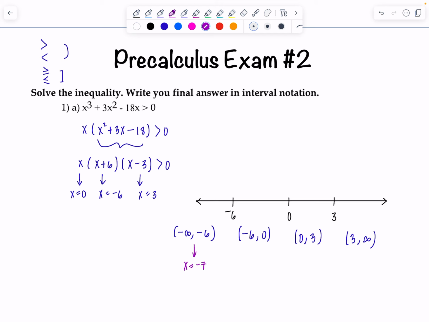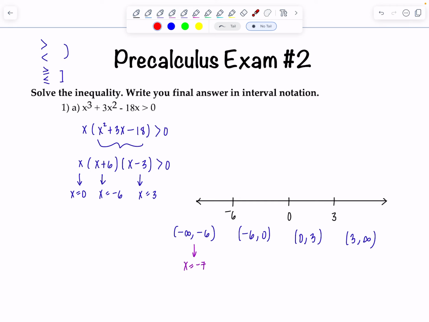Yes, you could do negative 42, negative 100, any of those will work. You can plug them in anywhere, but the easiest place is into the factored version. And all I want to see is if x equals negative 7, will it make the left-hand side greater than 0. In fact, I don't even care what number I get. I just want to see if it's positive or negative.